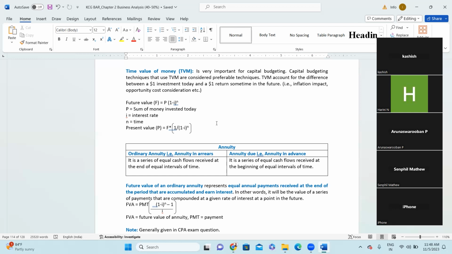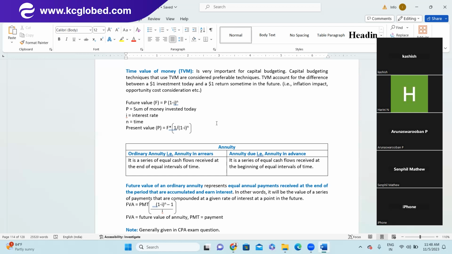Right? Future value. So there is a formula to it. The future value of any particular asset or investment is equal to P(1 + i)^n, where P is the sum of money invested today, i is the interest rate, and n is the time.